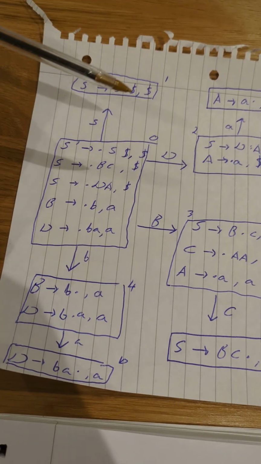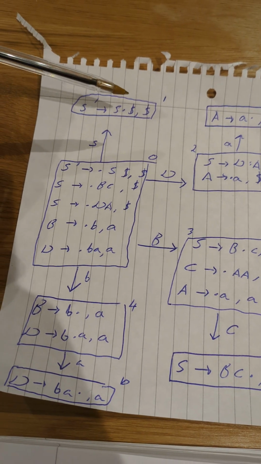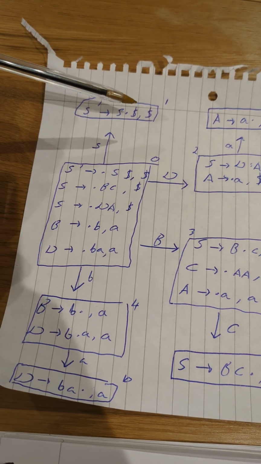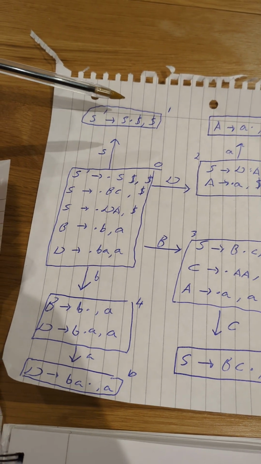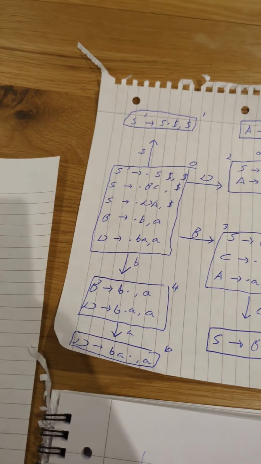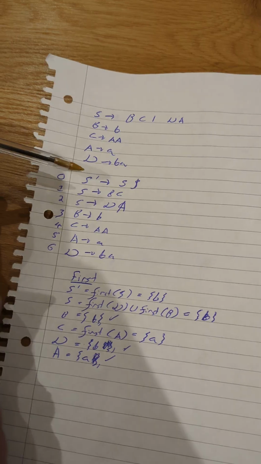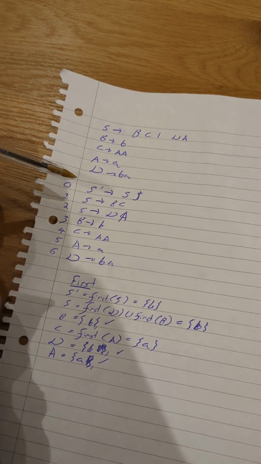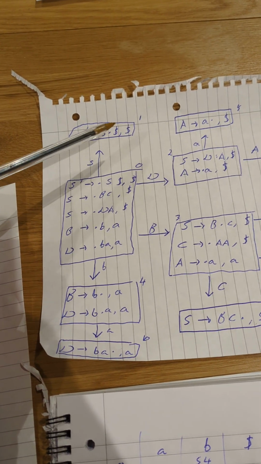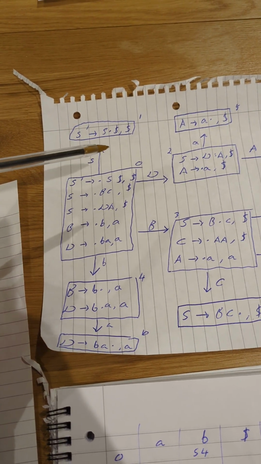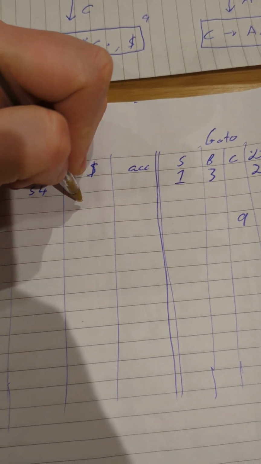So for example, in state 1, we've got S dash goes to S dot dollar, and dollar is our look ahead symbol. Comparing this with the original production rules we had, that's corresponding to rule 0. So in state 1, if we get a dollar, reduce 0.